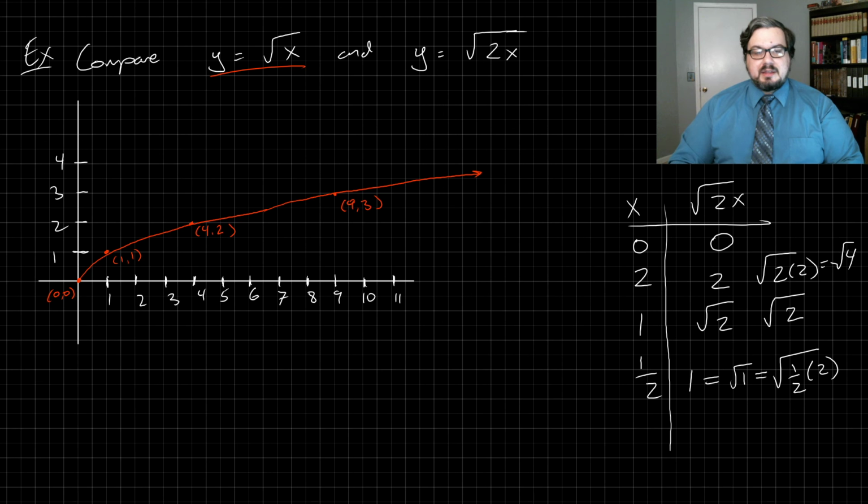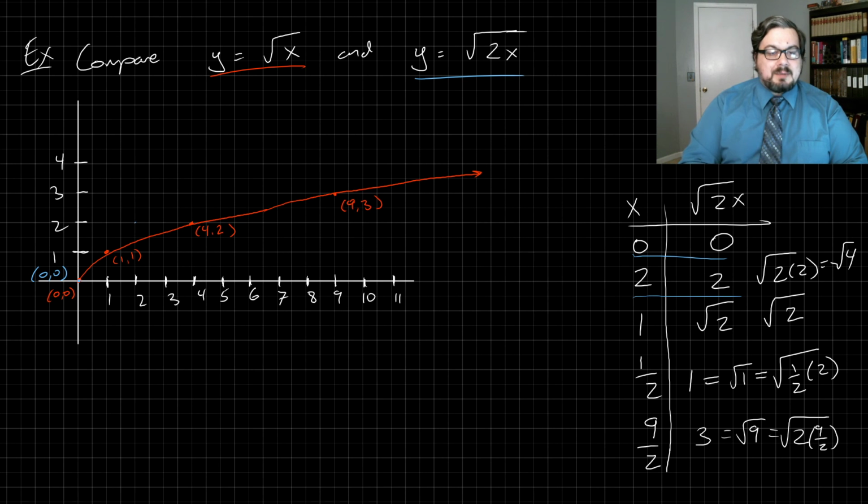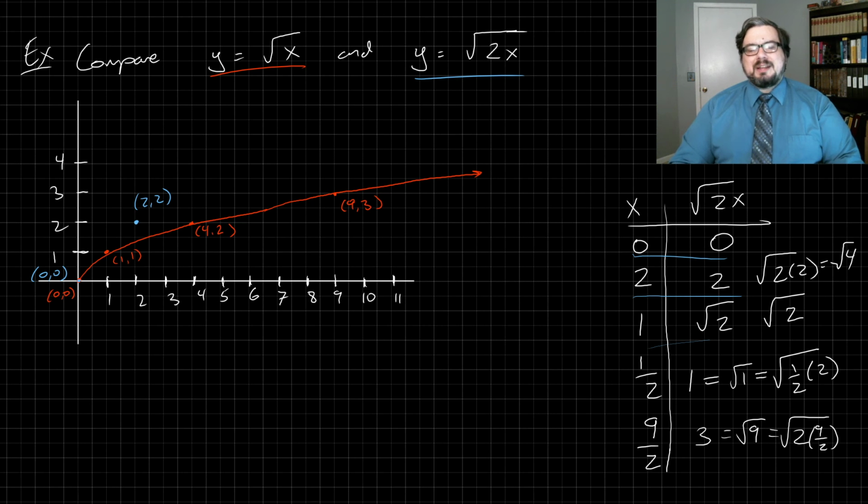So this gives us a clue as to how we might do things. So what if we chose 9/2 here? If we let x be 9/2, then the square root of 2x would be the square root of 2 times 9/2, which would be the square root of 9, which is 3. So this gives us something we can work with. We have the point 0, 0 on the graph of y equals square root of 2x. We have the point 2, 2. And we have the point 1, square root of 2, but I can't graph the square root of 2 super easily, so I'm going to skip that one.